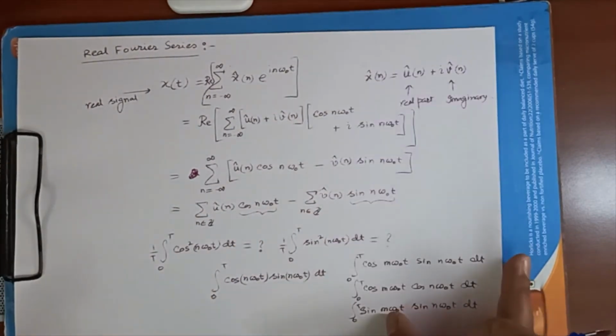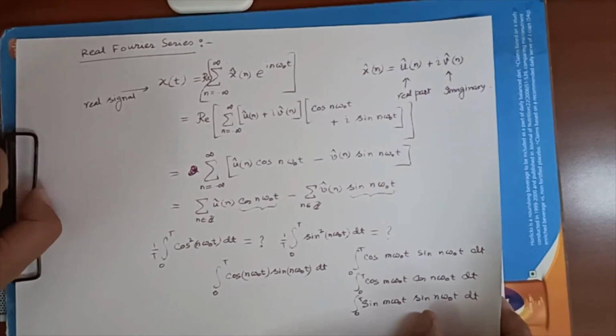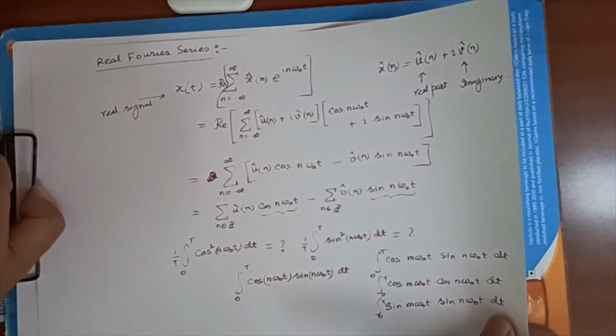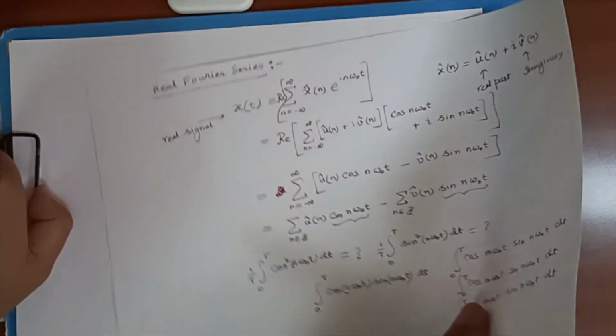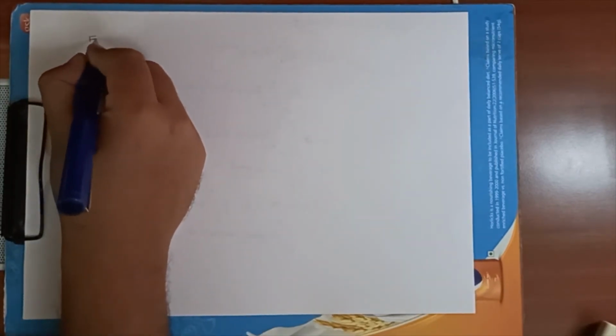You can try in your free time whether this representation and the complex representation are equivalent or not. We can get some feel right now when we try our first example on this Fourier series. So example 1.